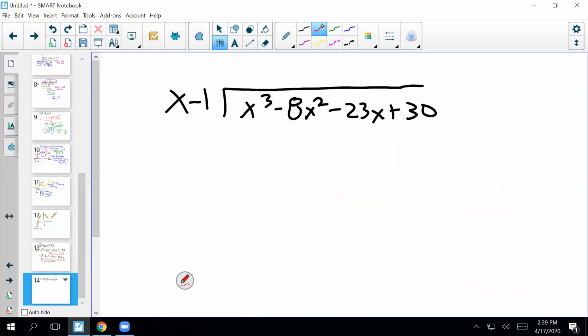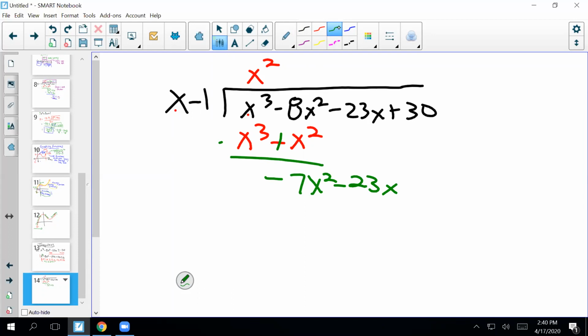And it should go in nice and evenly. So let me just run through this real quick. x goes into x cubed x squared times. x minus 1 times x squared is x cubed minus x squared. Draw a line, change the sign. We're going to get -7x squared minus 23x. Bring this down.